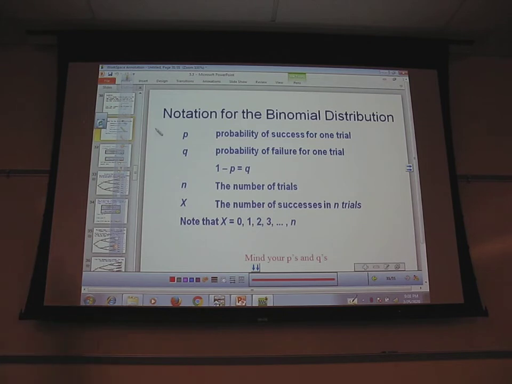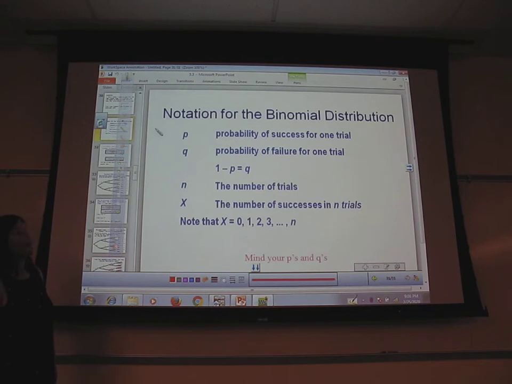Go ahead. Yeah, like the rapper. 1 minus little p equals little q. Right? If you add them up, they better equal 1 or 100%. Good. Keep going.